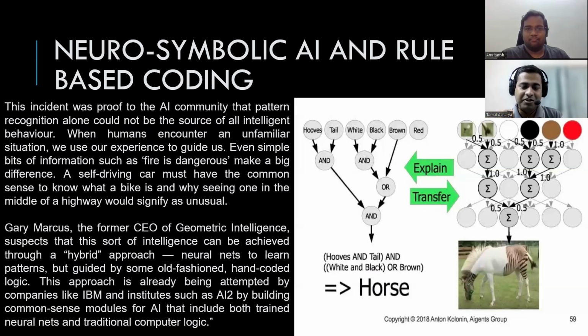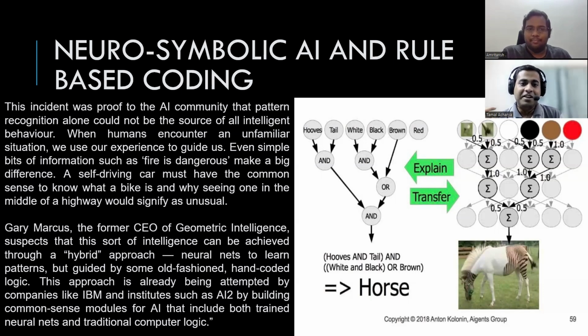Now, if we move on to the next slide, that incident was proof that pattern recognition alone cannot be a source of intelligent behavior. Intelligence is something much more than just figuring out patterns. When humans encounter an unfamiliar situation, we use our experience to guide us. Simple bits of information such as "fire is dangerous" make a big difference.